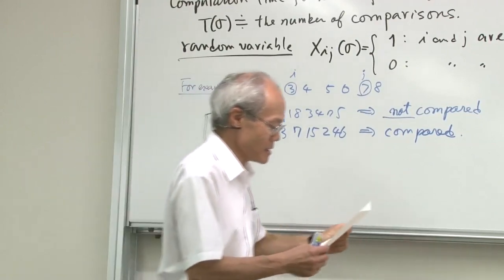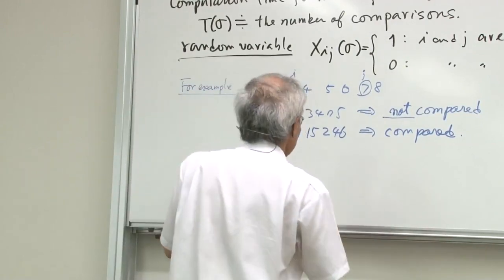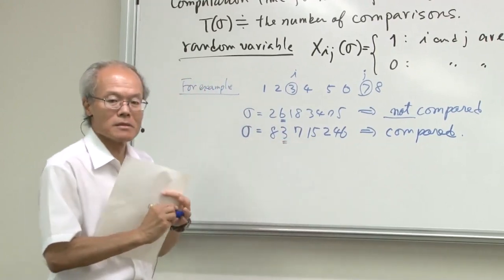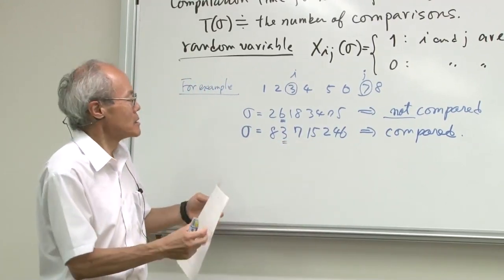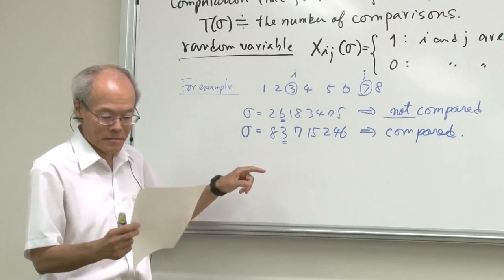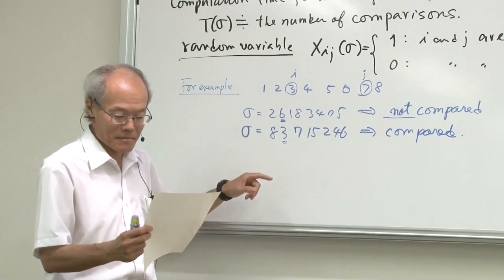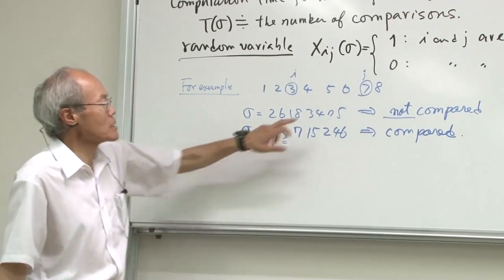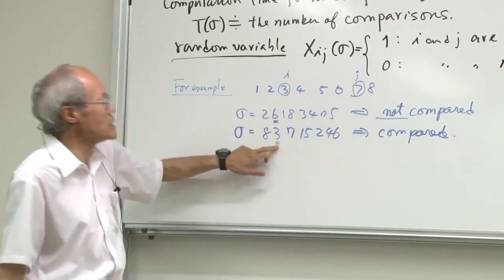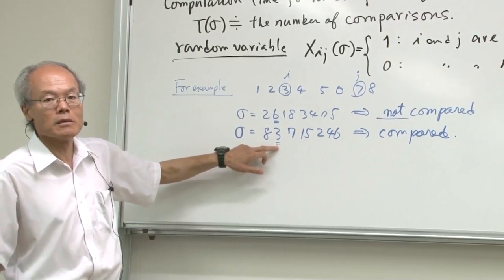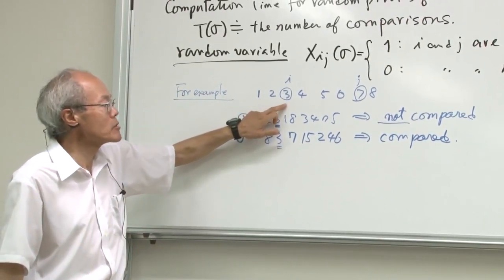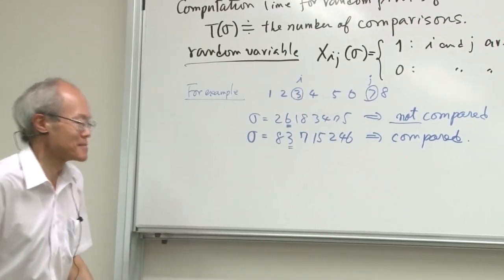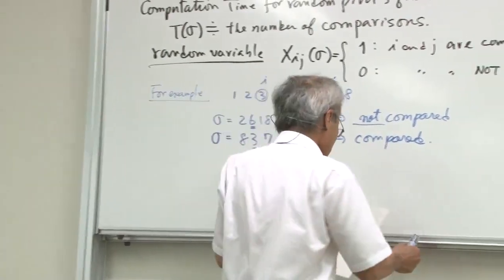I made a mistake, but that's fine. Now 3 is a pivot, and 3 and 7 are compared.